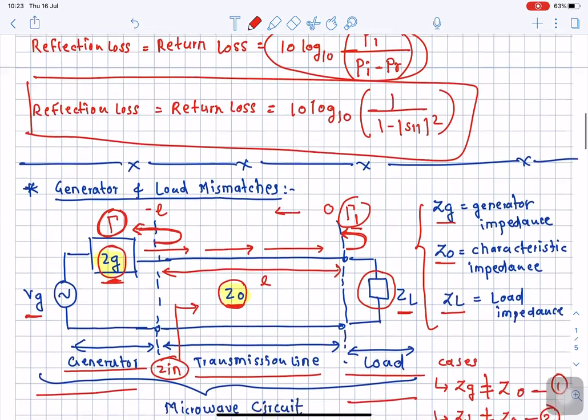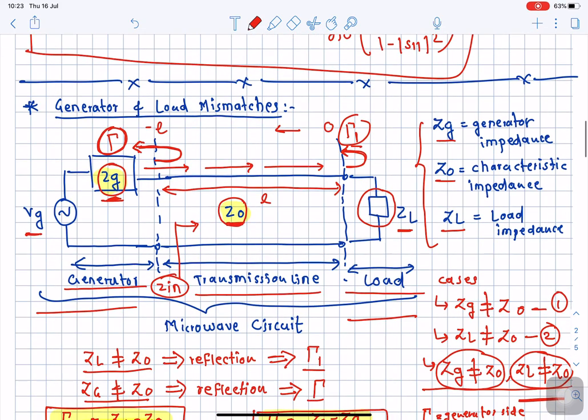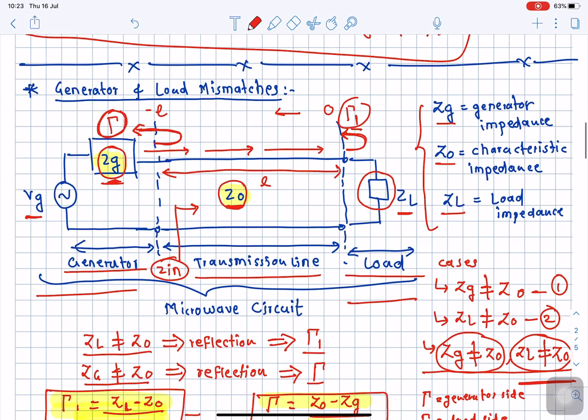I hope you understood the theory we just explained to illustrate the use of the impedance matching circuit. This is the foundation theory, and here we discussed the generator and load mismatches, and we have demonstrated that if we make use of a matching circuit, then this matching circuit will ensure that the reflection becomes zero and the impedances get matched.